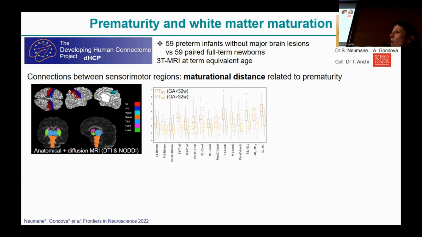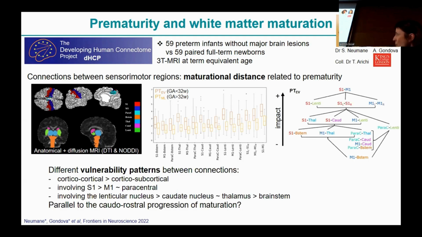More intense prematurity has more impact on the connections, with the darker range showing higher distance values than the lighter range. Further, we ordered the connections according to these distances and showed that there are vulnerability patterns of these connections related to prematurity.